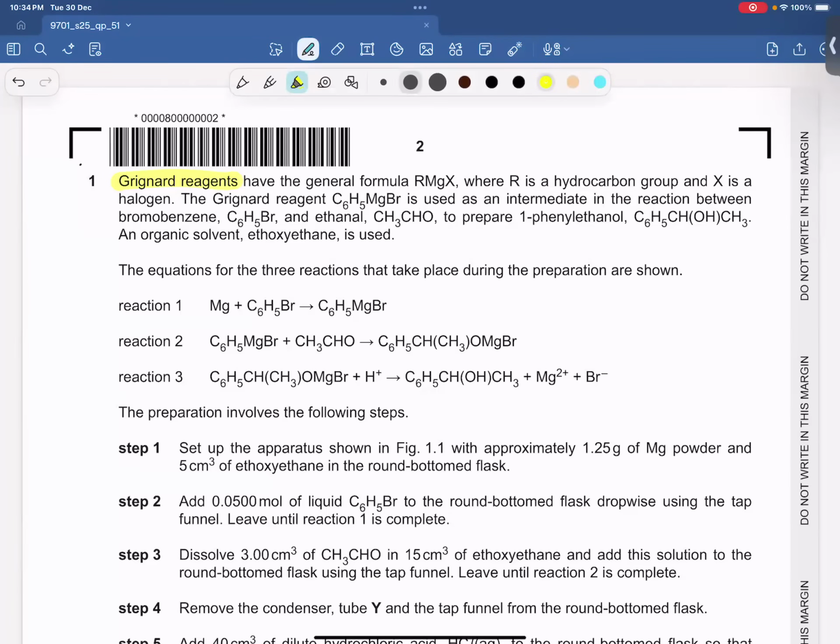Grignard reagent, basically phenyl magnesium bromide, is used as an intermediate in the reaction between bromobenzene and ethanal, which is an aldehyde, to prepare 1-phenylethanol. An organic solvent, ethoxyethane, is used. By the way, Grignard reagent is an extremely reactive species.